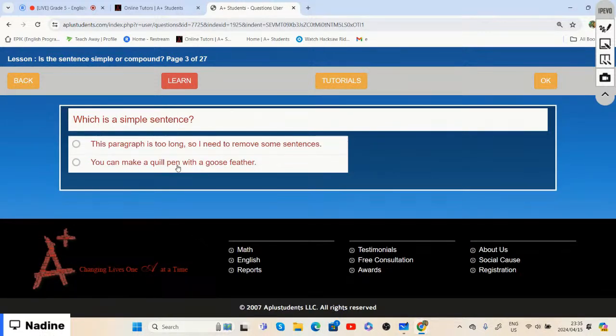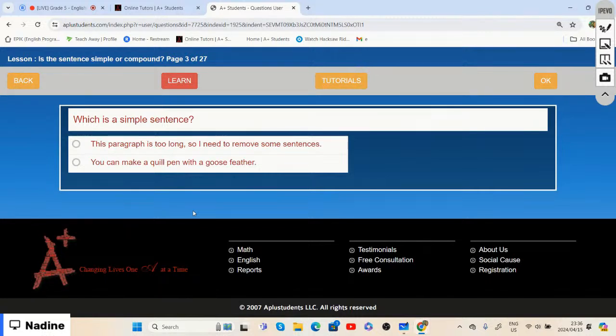All right, we need to say which is a simple sentence. Is it option one, this paragraph is too long, so I need to remove some sentences? Or option two, you can make a quill pen with a goose feather? We need to say which option is a simple sentence.